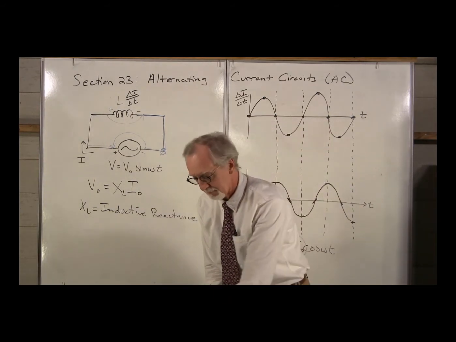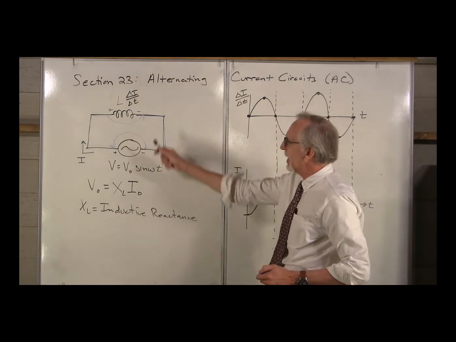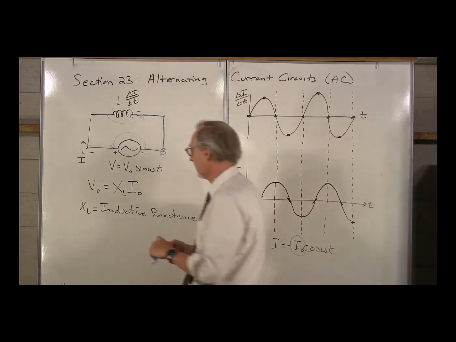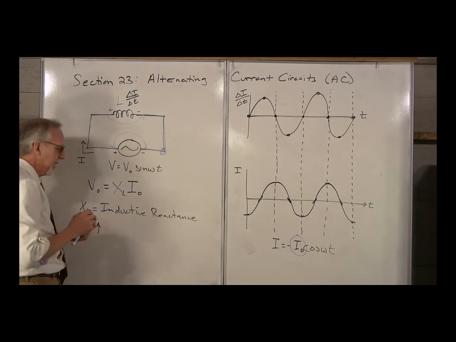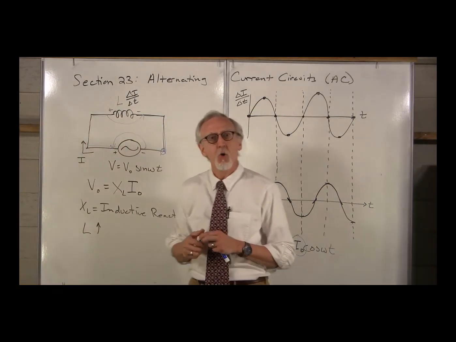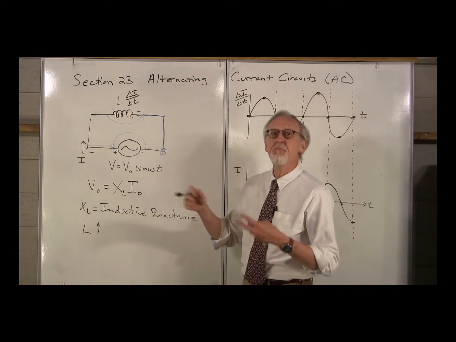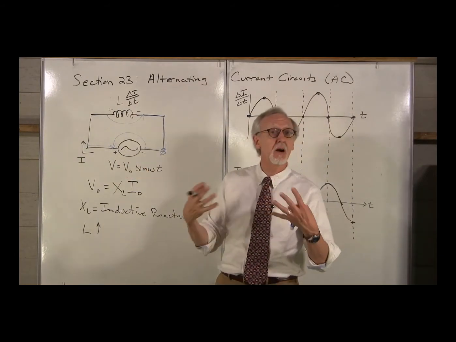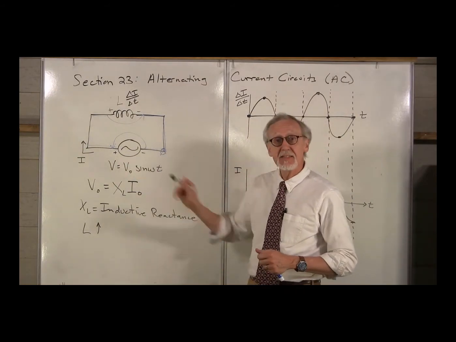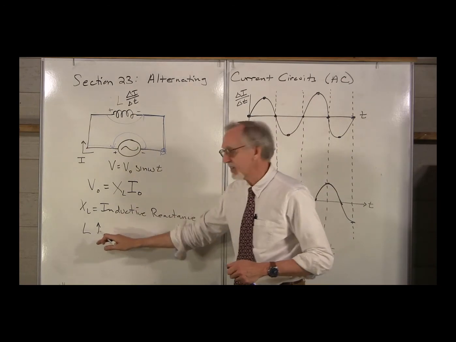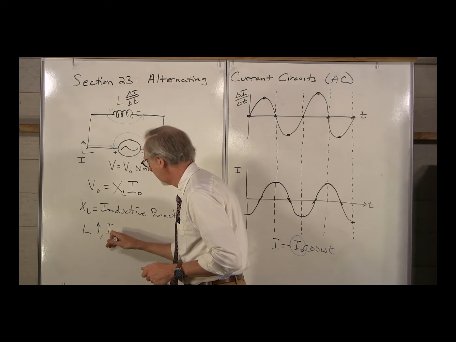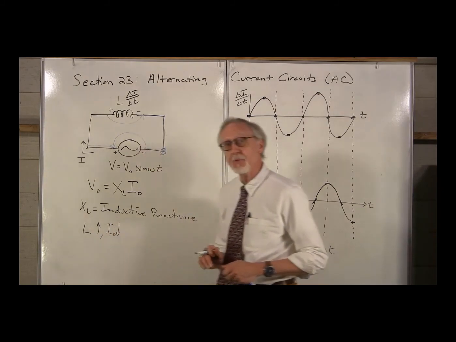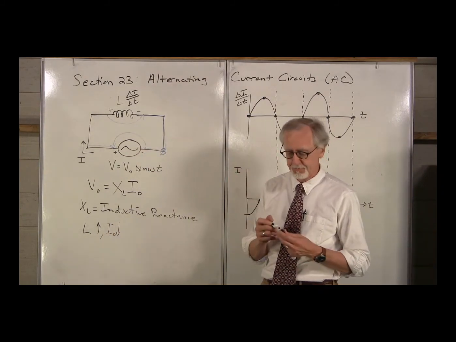So what does that mean? Well, if we increase the inductance, what happens to the amount of motion of the circuit? In other words, the current in the circuit, I get less current. So I increase the inductance, and the current amplitude goes down.